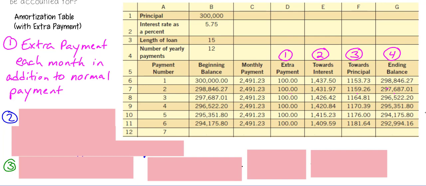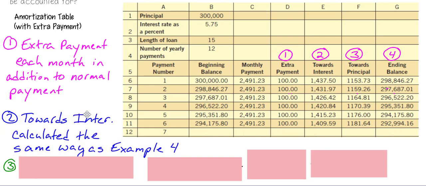Well, the towards interest is going to be calculated the same way as in the previous example. You use the interest formula: the principal times the rate divided by 1,200. So nothing changes in column E where I have the number 2.